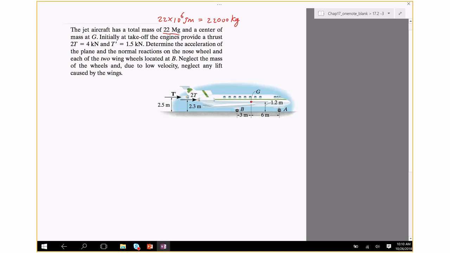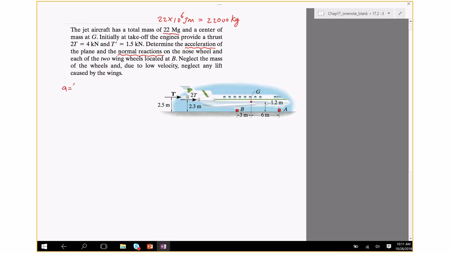Initially at takeoff, the engines provide a thrust 2T equals 4 kilonewtons and T prime 1.5 kilonewtons. Determine the acceleration, so that's one thing which is asked, of the plane and the normal reactions on the nose wheel and each of the two wing wheels located at B. So you got to find the reaction force at A, reaction force at B, and you got to find the acceleration.